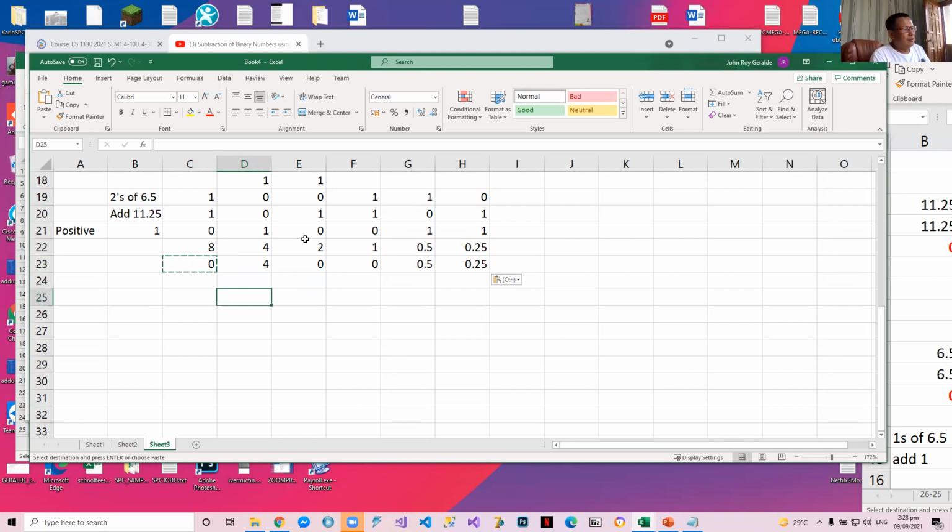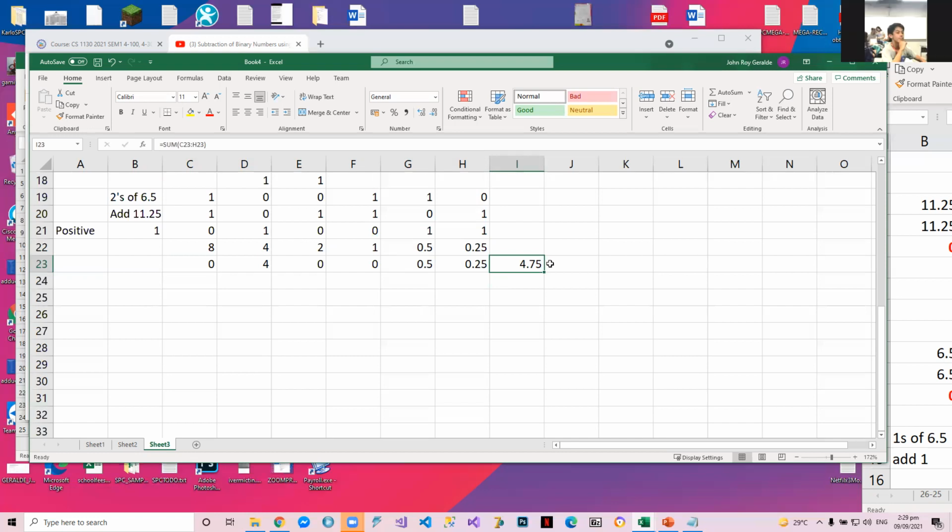And then we'll do a sum on this. So the equivalent is 4.75. Do you follow? So 11.5 minus 6.5 is positive 4.75.